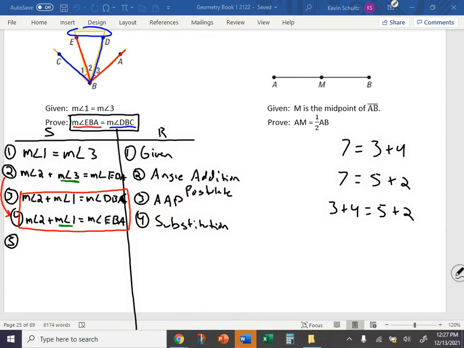They all equal 7. It's a little more abstract with angles, but that's basically what's going on here. So my fifth step can be the measure of angle EBA is equal to the measure of angle DBC because of the transitive property.